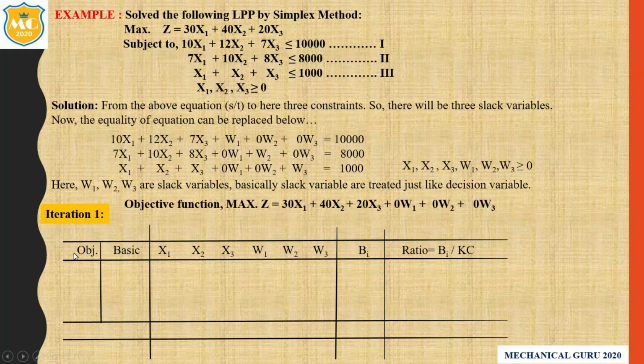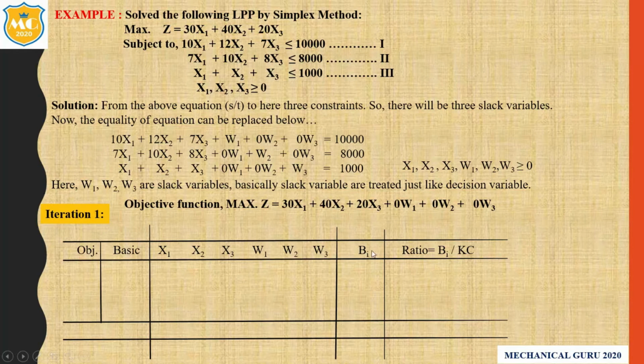Here I write down the basic variables. Just go to the objective function and write down the sequence of the decision variables and slack variables: x1, x2, x3, w1, w2 and w3.